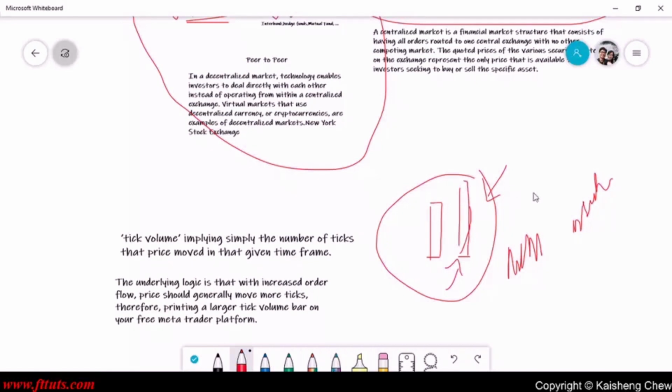The tick volume will be high if the order volume is high. That's why I personally think it's still considered quite accurate.